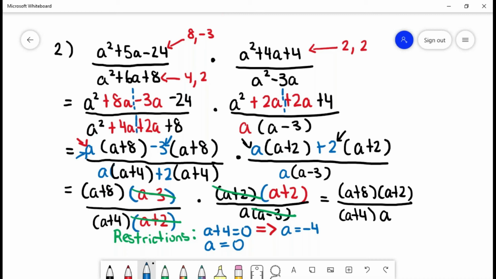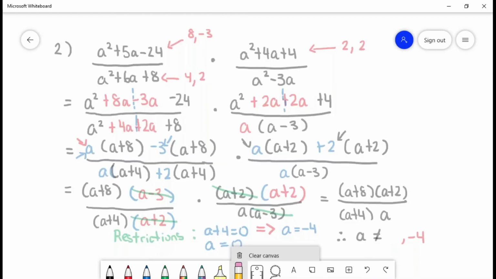These are the values that, if you substituted them into a, would make the denominator 0. So therefore, we can conclude that a is not equal to 0 and negative 4. These are values which a is not equal to. And this brings an end to this question, and this would be your final answer.